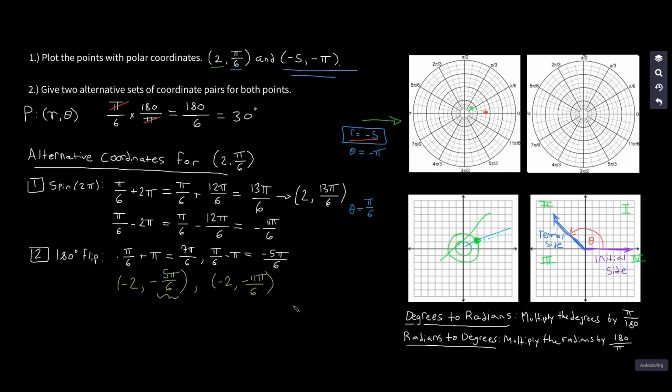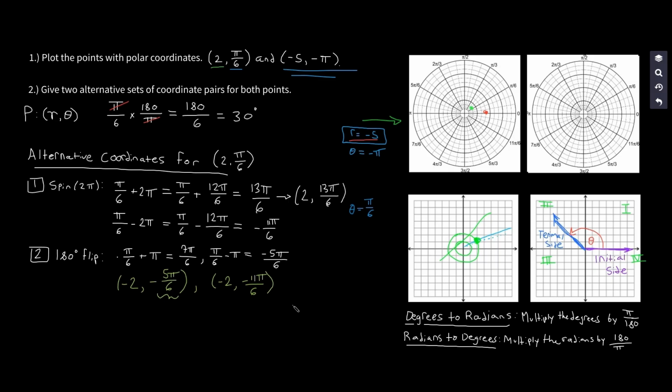And so that's how you would do that. So to reiterate, for -2, -5 pi over 6, you rotate clockwise nearly half of a circle, and you are now facing the bottom left. Because r equals -2, you walk backwards, which lands you in the top right at your original spot.